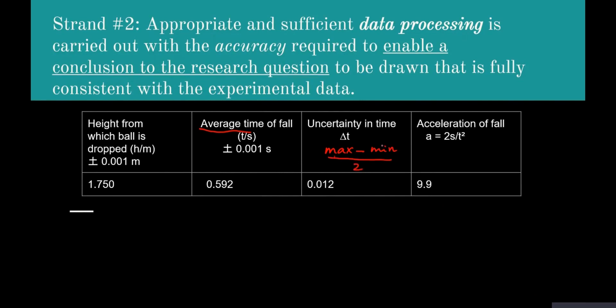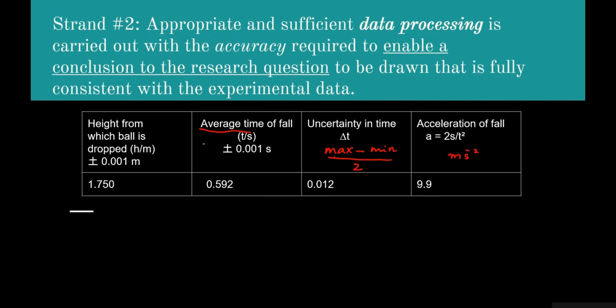This maximum time and minimum time are taken from those 5 trials that we have taken before, and once you do that calculation, you will come up with this number, 0.012. The final column, which is again the processed constant, is the acceleration of fall using the equation a equals 2s by t squared. Don't forget to write the unit, meter per second squared.